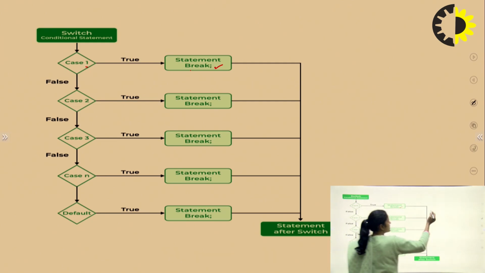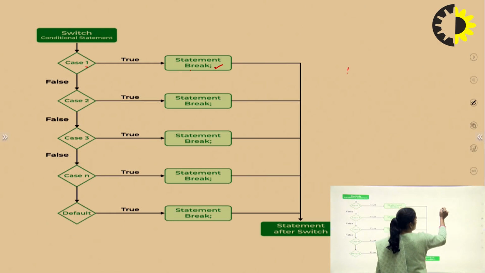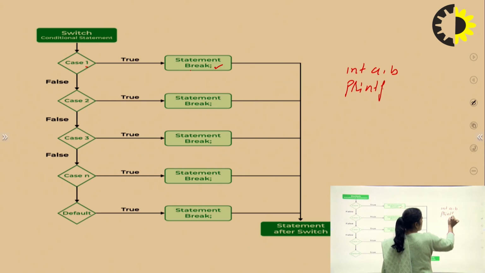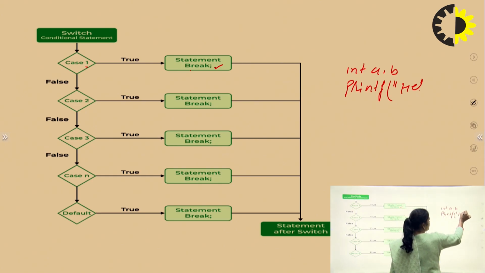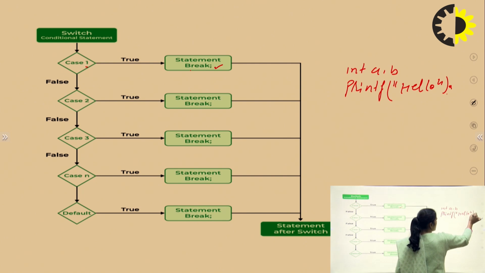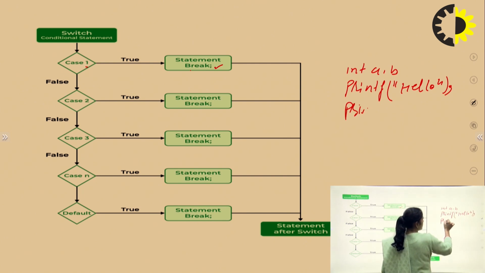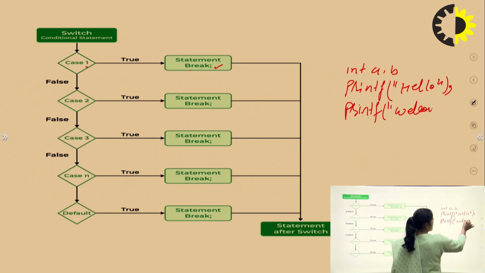Let's take an example. I have a program, let's say here I have A, B, C. Next, printf hello, right? Next, again I'm printing another message, let's take welcome, right?